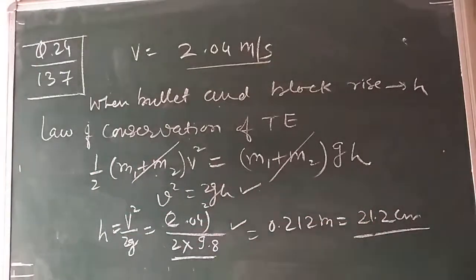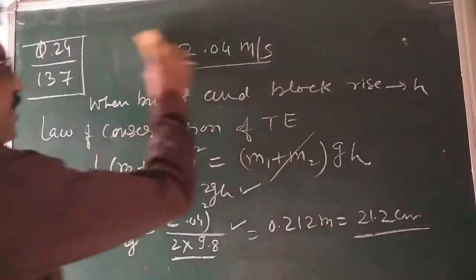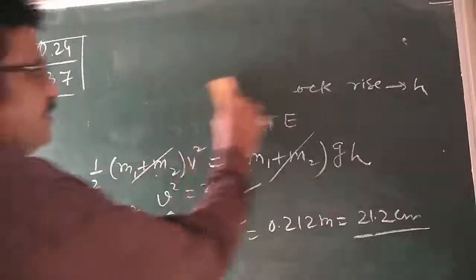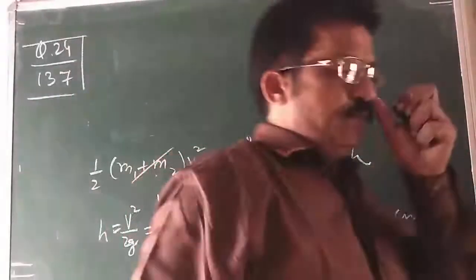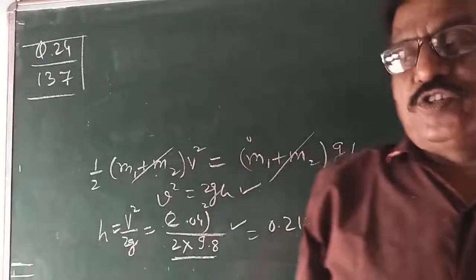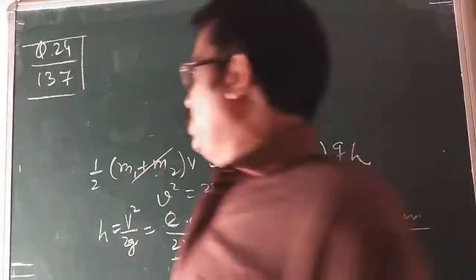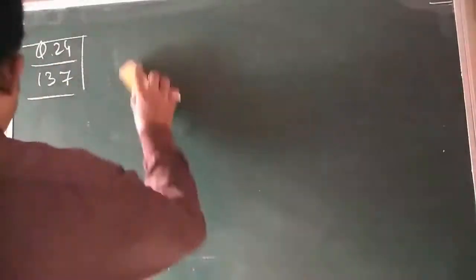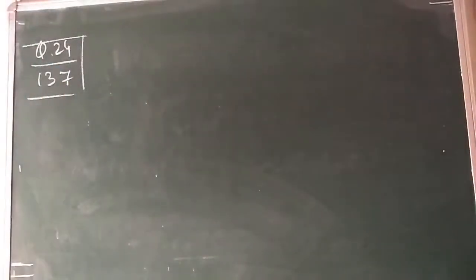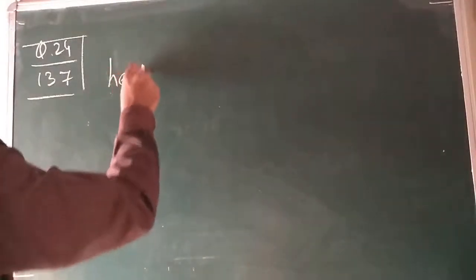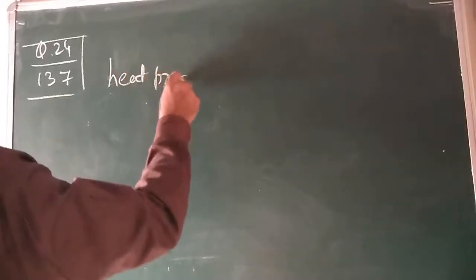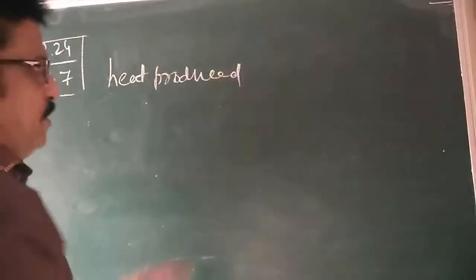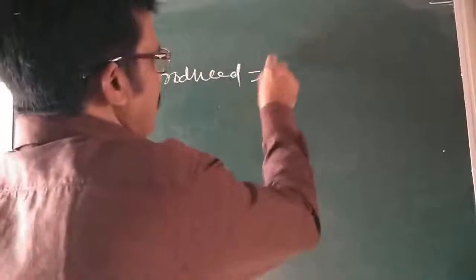One more thing our question asks: heat produced. What is that? So my dear children, it is asking us, heat produced must be equal to the loss in kinetic energy. How much will the heat produced be? Heat produced must be equal to the loss in kinetic energy.